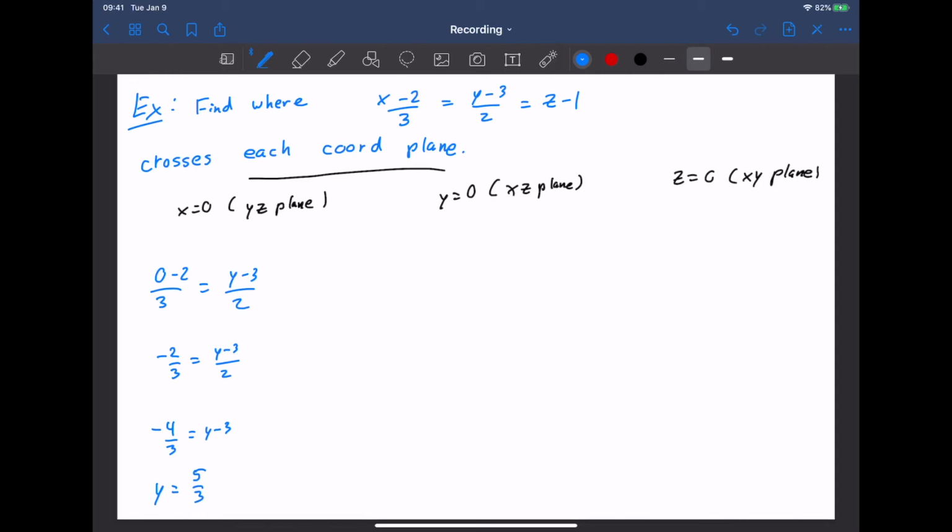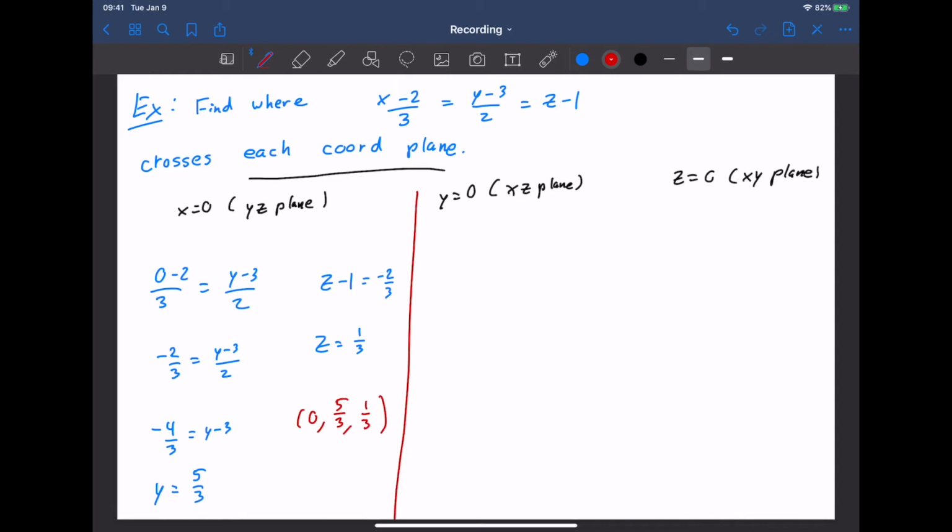And don't forget the z. Z minus 1 equals negative 2/3. Z equals 1/3. So where does it cross the YZ plane? 0, 5/3, 1/3. We already knew what that was going to be. That's how that process goes.